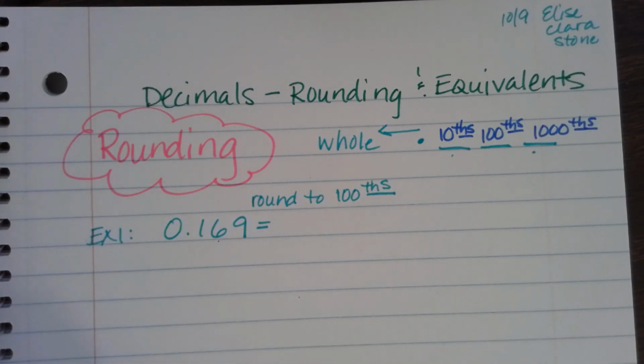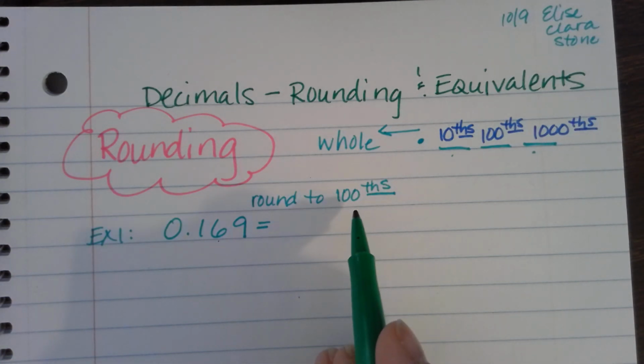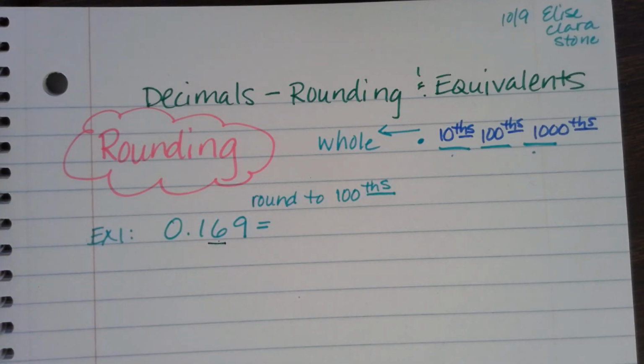For this, though, I'm going to follow the same rules for rounding that I always have. I'm going to find the number in the hundredths spot, and I'm going to underline it. Okay?